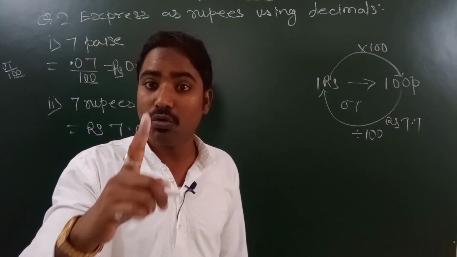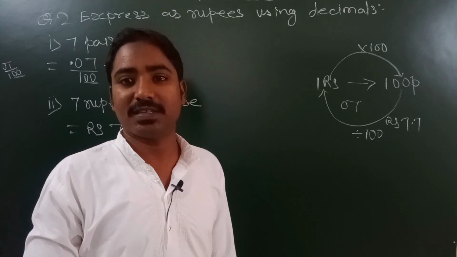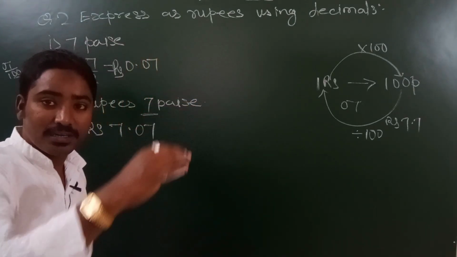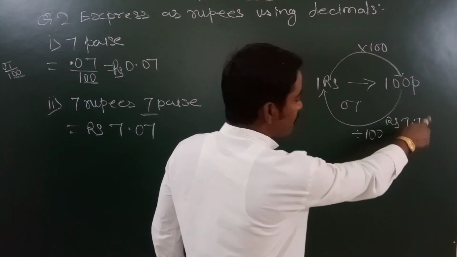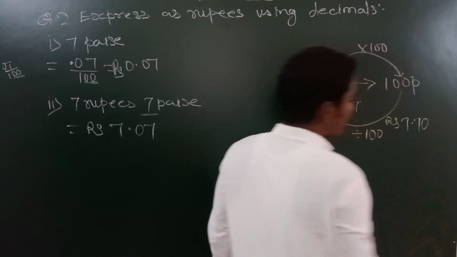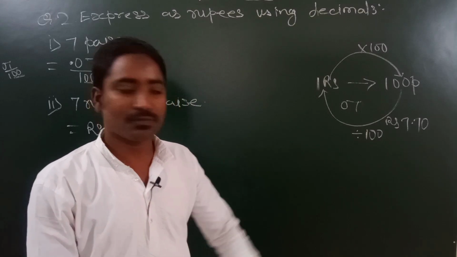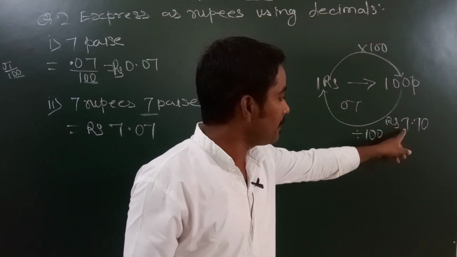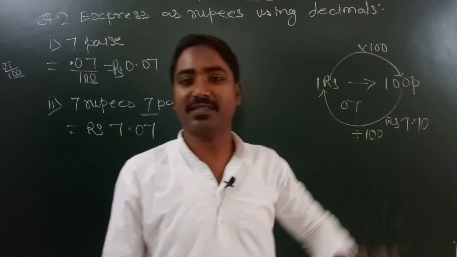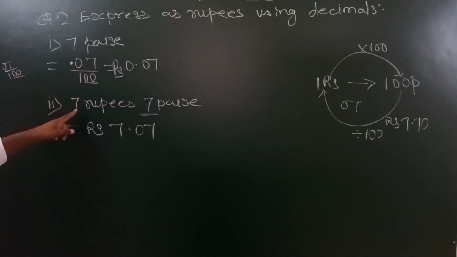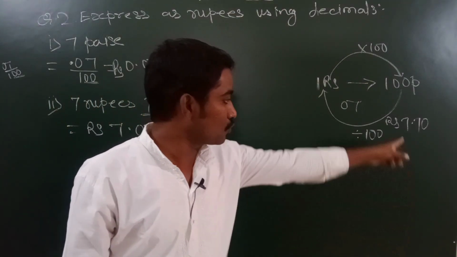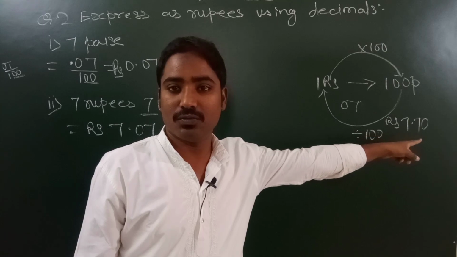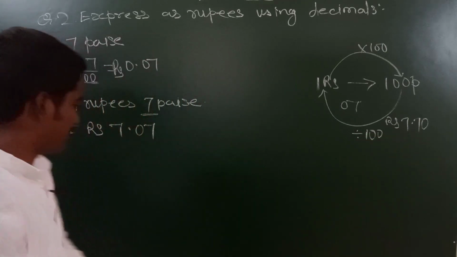You got 0.07, and you have to divide it by 100. If you write 7.7 rupees, it will be read as 7 rupees and 70 paise. But in the question you have been given only 7 rupees and 7 paise. So it will change its value. I hope you will not commit such a mistake.